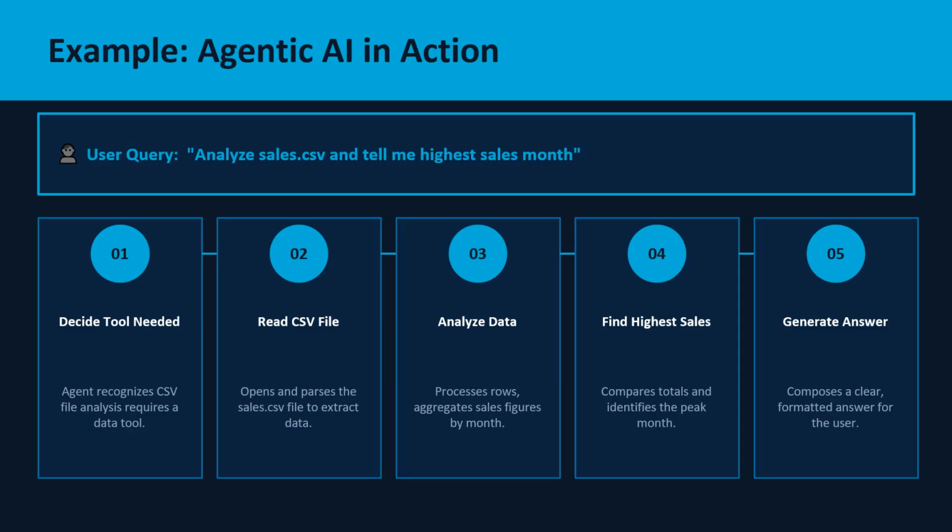If you want to make an automated report, that means an email should go, and it will make some kind of graph as well. All that can be done by the agentic AI. For example, it decides what tool is needed, reads the CSV file, analyzes the data, finds the highest sale, generates the answer, or it may send it to my manager as well. That means that is the kind of automation work that can be done by this agentic AI.